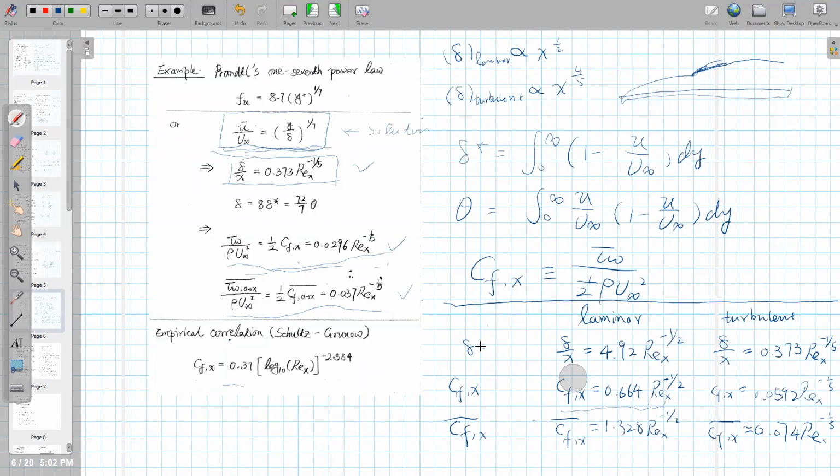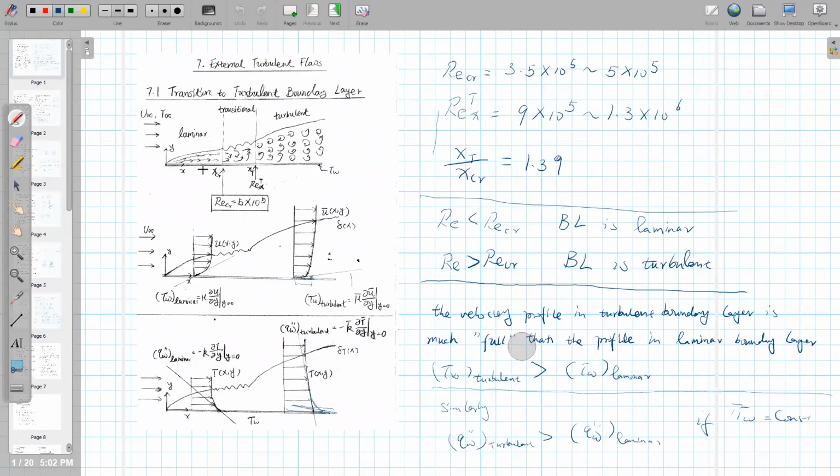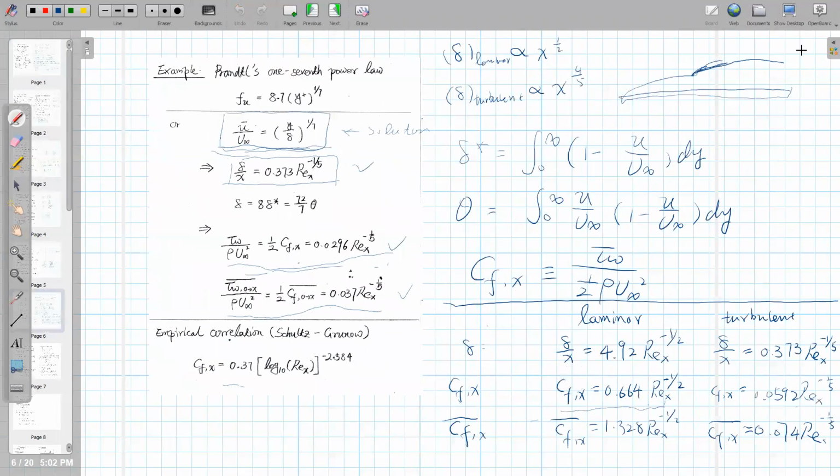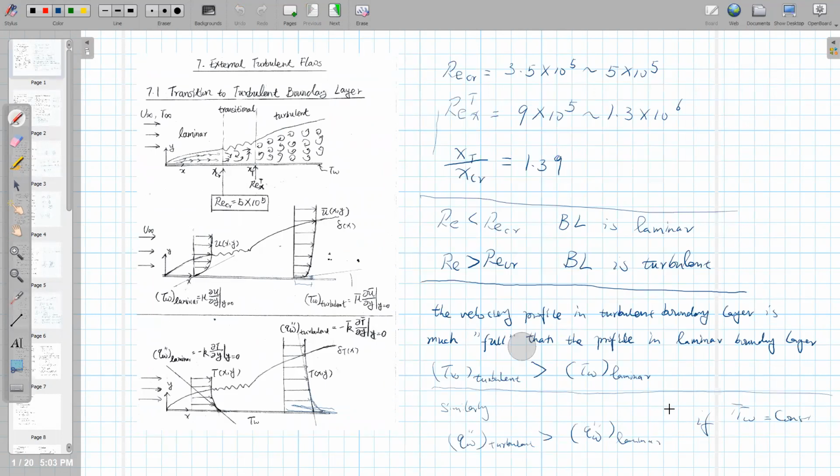But the problem is that in the laminar flow, at this point and at this point here, these two Reynolds numbers are not the same. Usually this is much smaller than the Reynolds number here. So that's the reason that even if you calculate this one, this will still be larger than this one. Okay, so let me correct this.